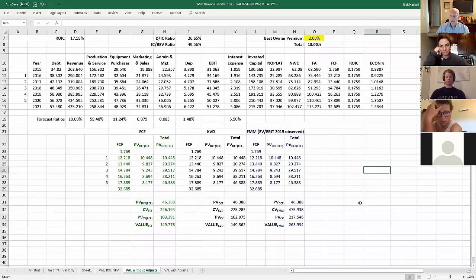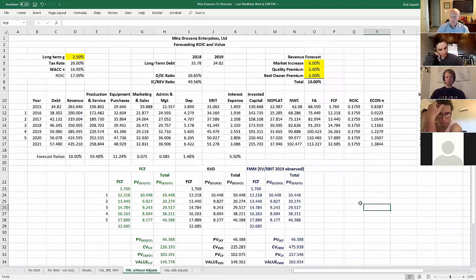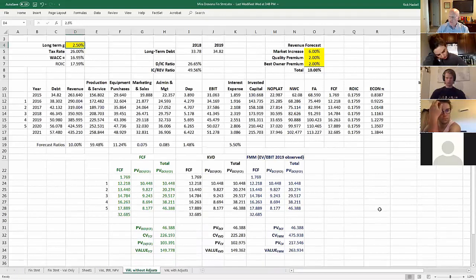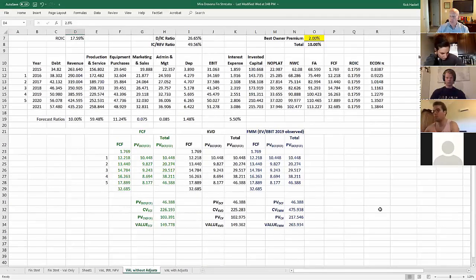What does that tell us? Well, what it tells us is this long-term G that we're using is an accurate representation of the growth rate that we experience as we go into the actual explicit period.